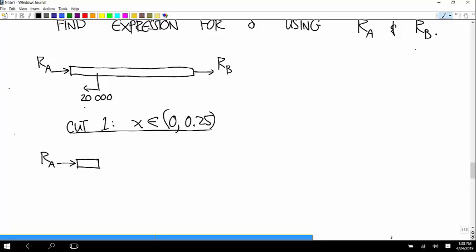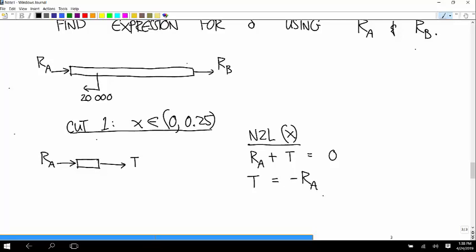We haven't gotten to the 20,000 yet, so the only other thing we have is the internal tension. And Newton's second law in what I'm calling X now, it used to be Y, says RA plus T is equal to 0. So T is equal to negative RA.